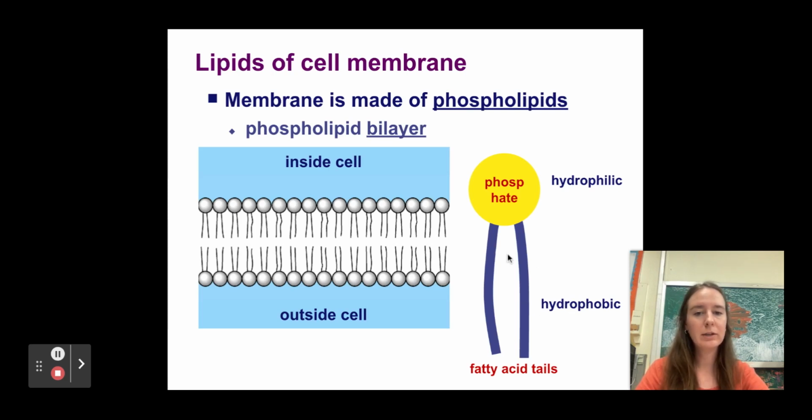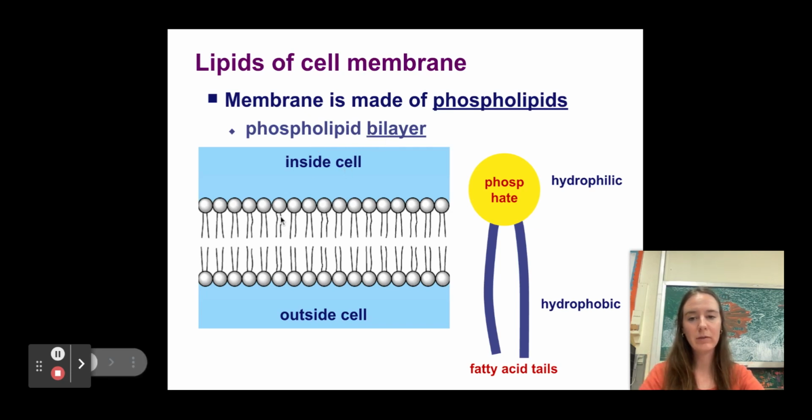It's nonpolar, or hydrophobic. And so if you placed one of these phospholipids in water, the hydrophilic side, the side that likes water, will be facing the water. So inside and outside the cell, let's say there's water. Well, you are going to have the hydrophilic side, the head, facing the water. And we know that the membrane is a bilayer.